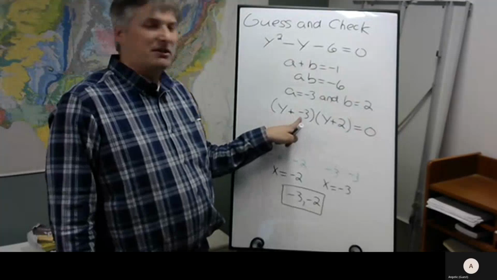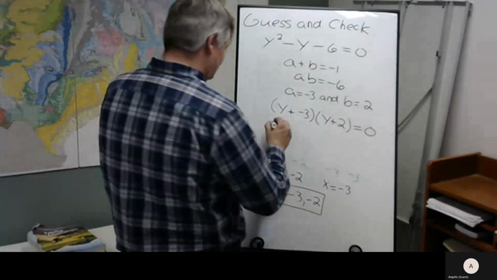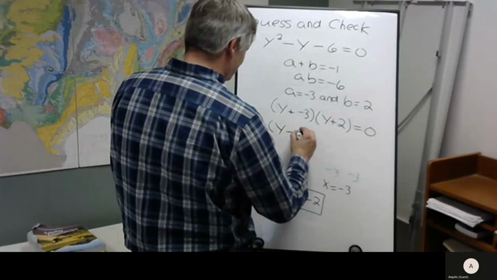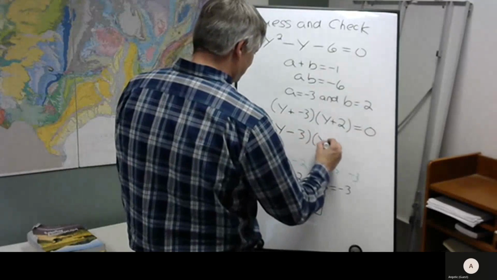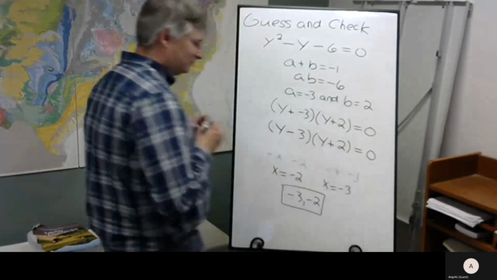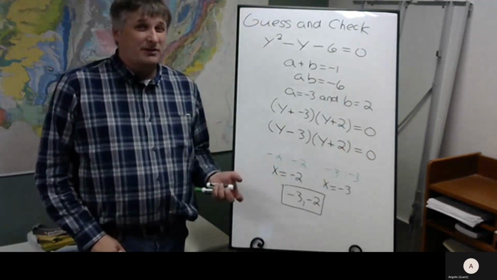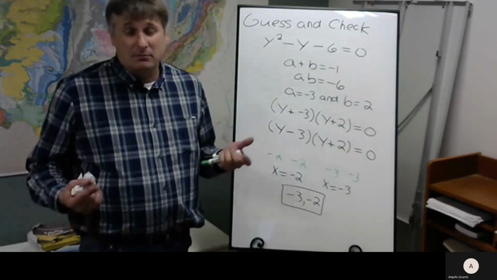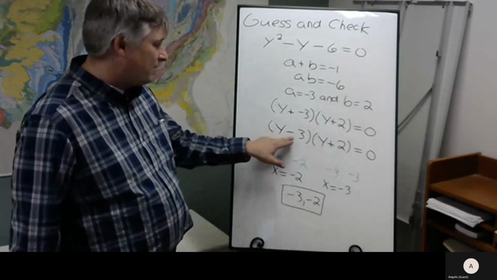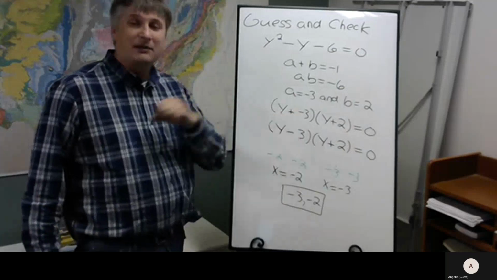But when you add a negative, this is the same as subtracting. And also, you can always rewrite subtraction as adding a negative. That does work. Y -3 is the same thing as y plus a -3.